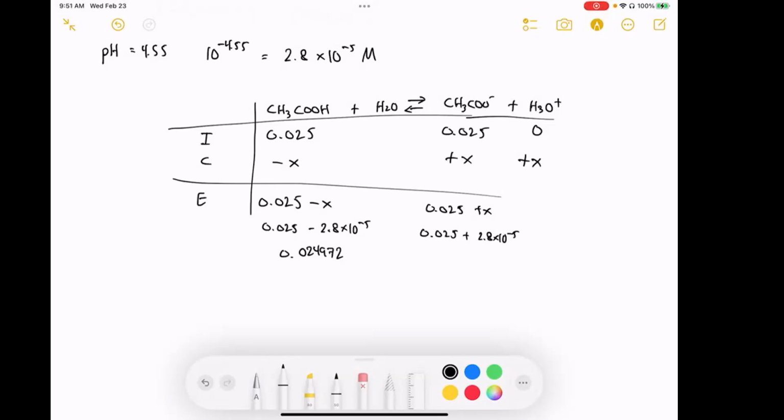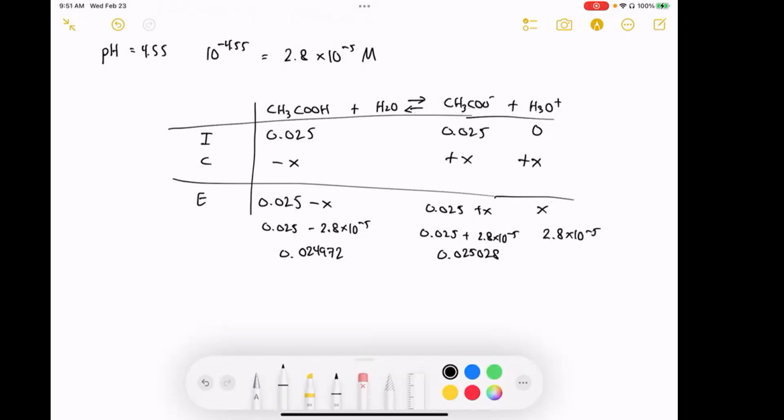And this value for X is still 2.8 times 10 to the negative fifth.